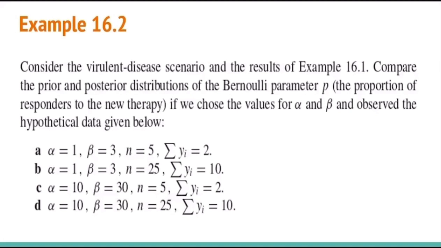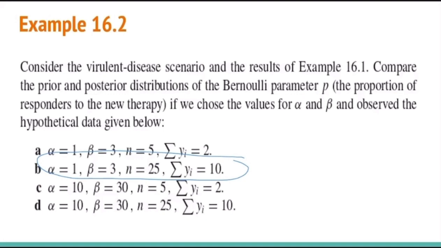The second question says that when alpha equals 1 and beta equals 3, we are still using the same alpha and beta, except that we are changing the sample size. We also want to see the way the prior and the posterior respond to a change in sample size.